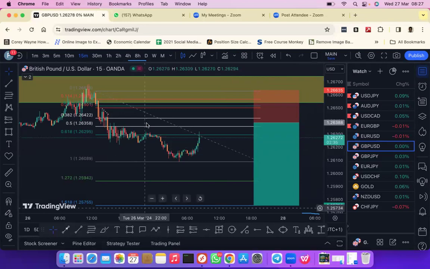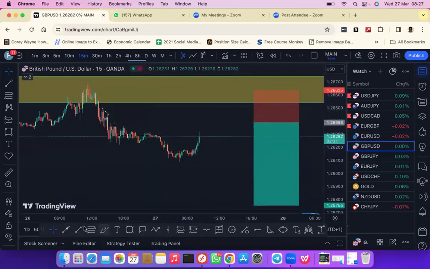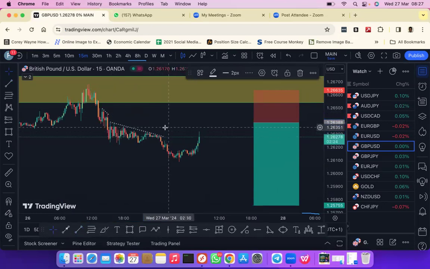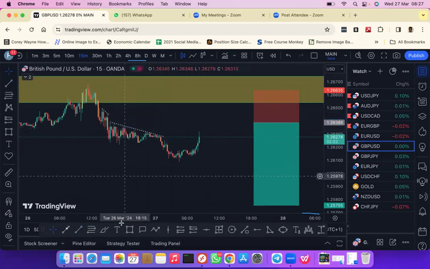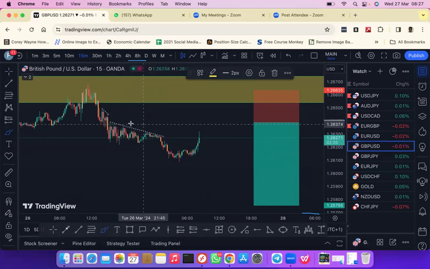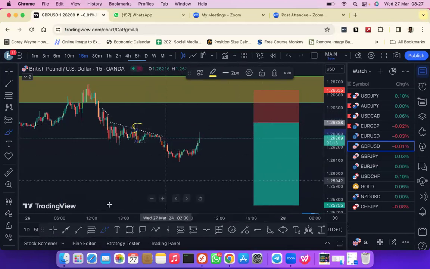Hope that makes sense. If you also look at what's going on with GBPUSD, you also see the same liquidity here. So price will actually come and take out people's stop losses here. All right, so I'm looking forward to this trade setup.